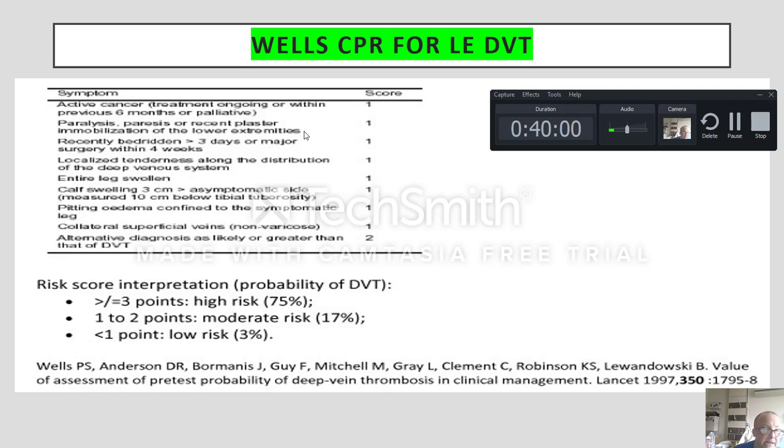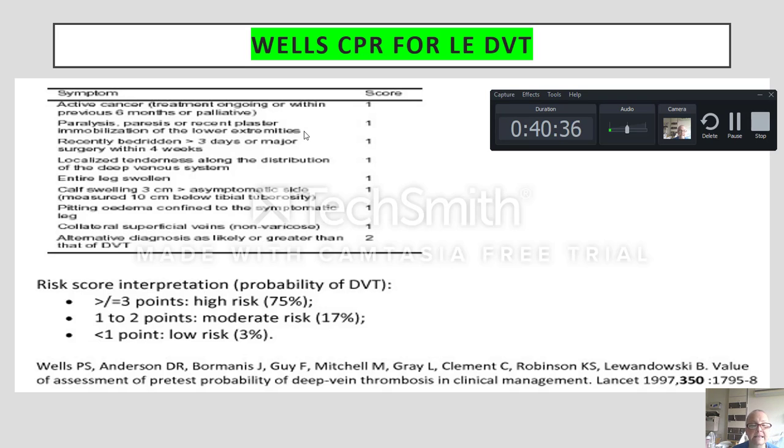Calf swelling 3 centimeters greater than the asymptomatic side. Measure 10 centimeters below the tibial tuberosity is a 1. Pitting edema confined to the symptomatic leg, a 1. Collateral superficial veins, non-varicose, a 1.